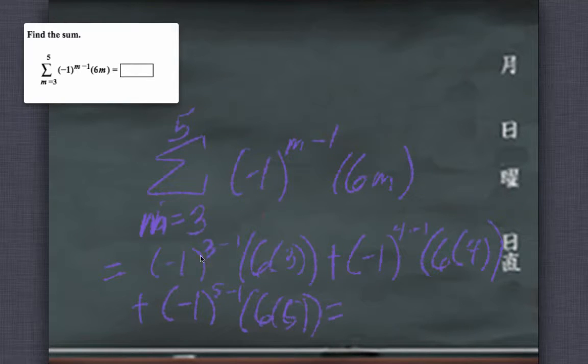So this makes it positive because that's squared, so 18. That makes it minus because 4 minus 1 is odd, so minus 24. And then the last one will be plus because it's to the 4th, 30, which equals 24.